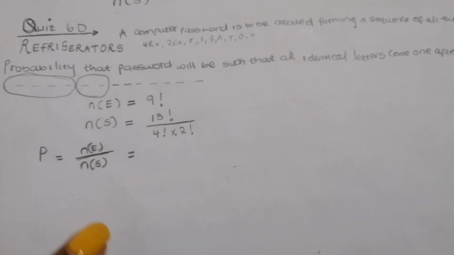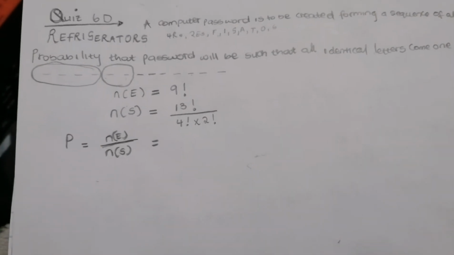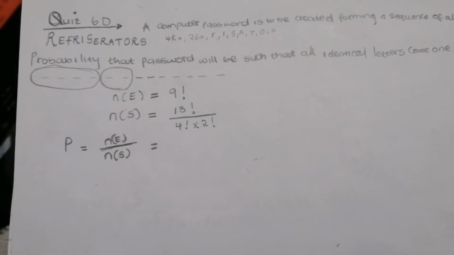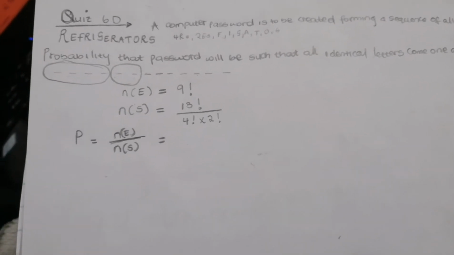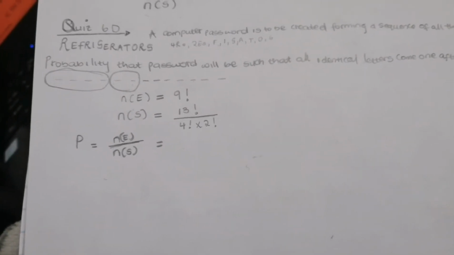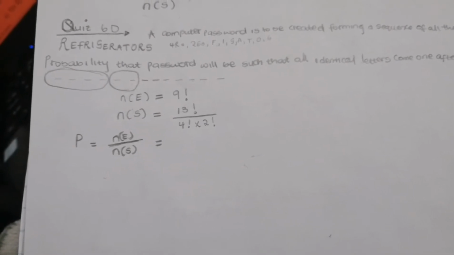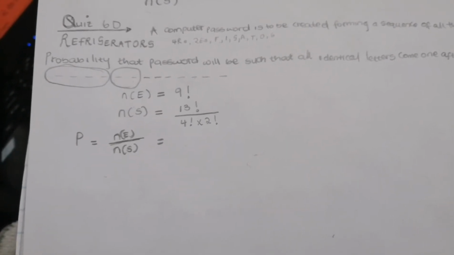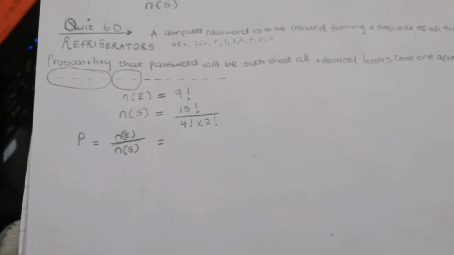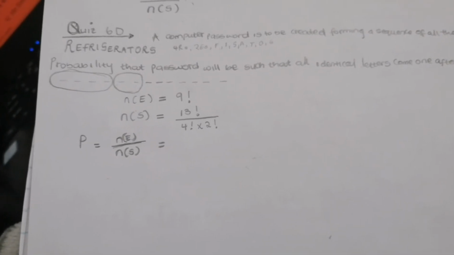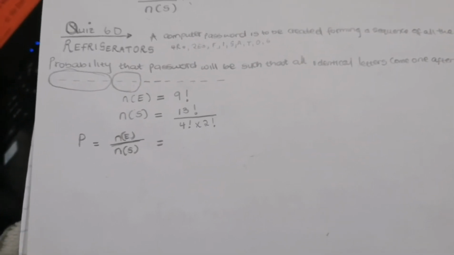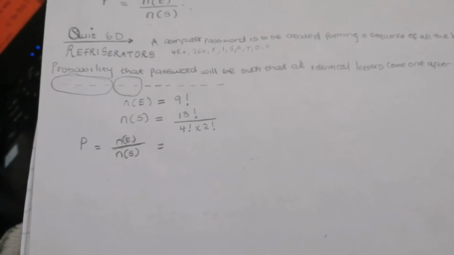So it was like, a computer password is to be created by forming a sequence of all the letters in the word refrigerators. What is the probability that a password will be such that all identical letters come one after the other?